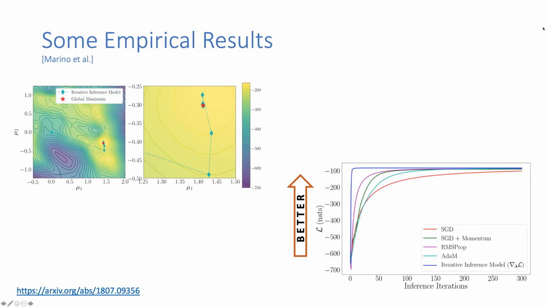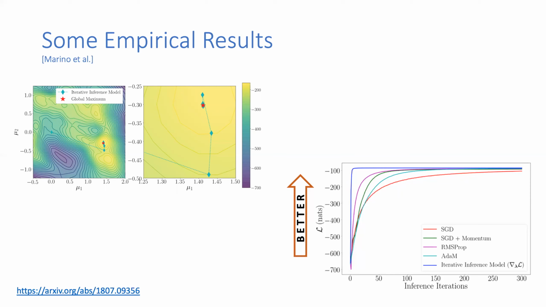And then in the bottom right plot, you see a curve of the number of inference iterations. The blue line is the learned model, and you can see that it basically nails the optimal solution after just a few iterations, significantly less than 10.